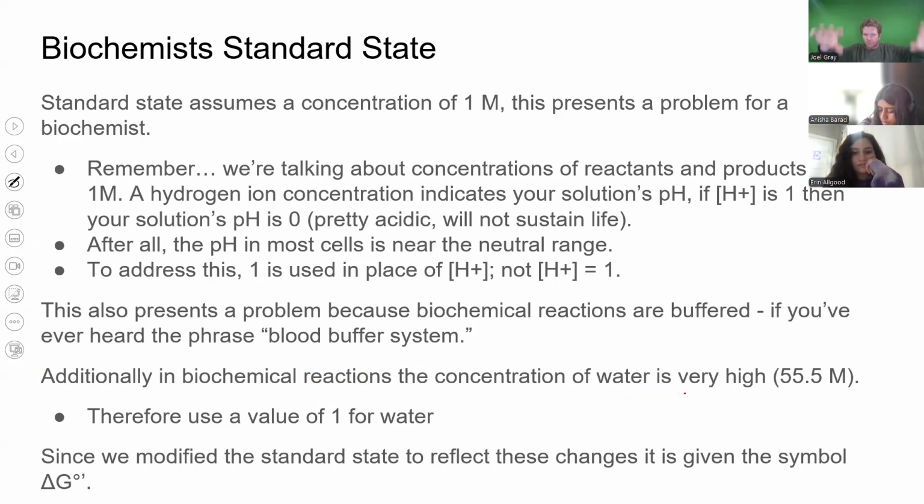Now, this is the detail of all of that. We're talking about concentrations of reactants and products being 1 molar. Hydrogen ion concentration indicates your solution's pH. A hydrogen ion concentration of 1 means your pH is 0. That will not sustain life. The pH in most cells is close to 7, maybe 7.2.